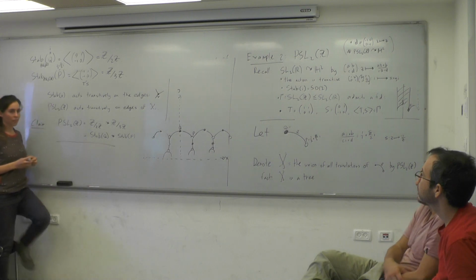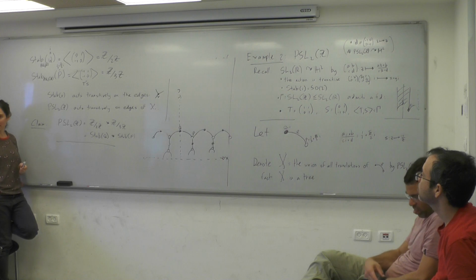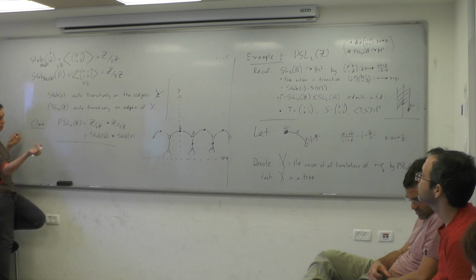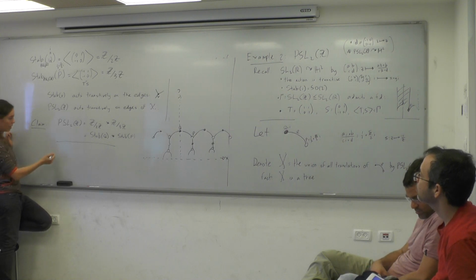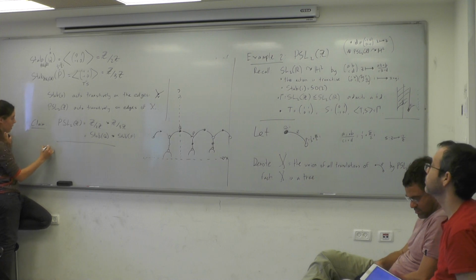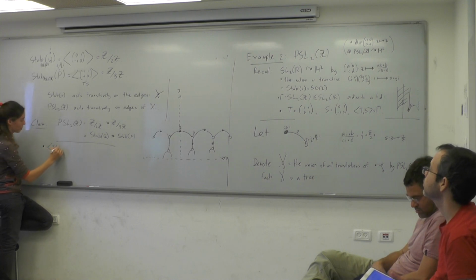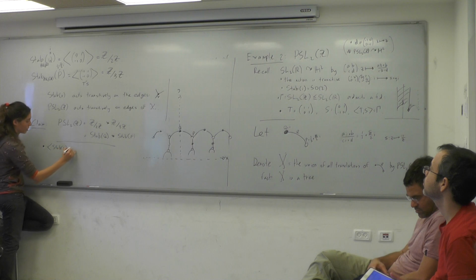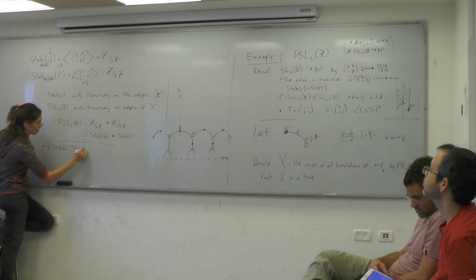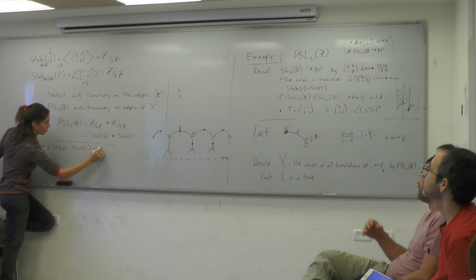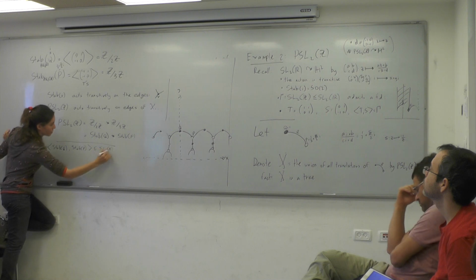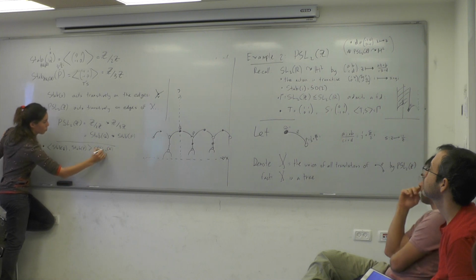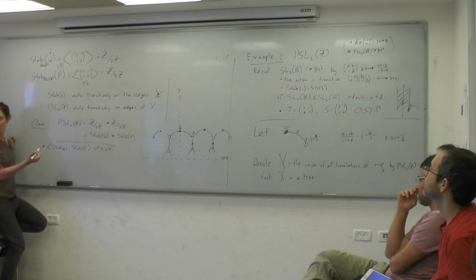Okay, so this is the claim. We need to observe three things. The first is clear: what is generated by the stabilizers is contained in PSL2Z, because both are subgroups of PSL2Z.